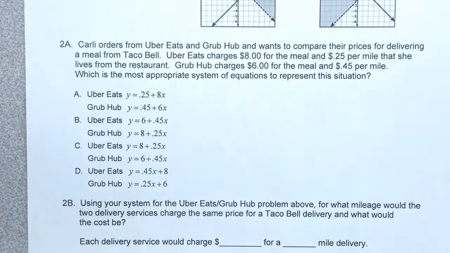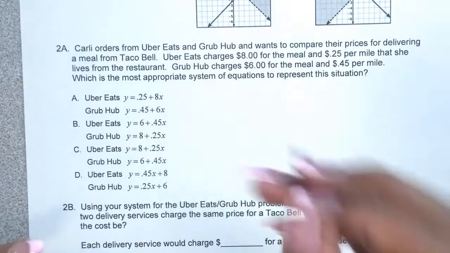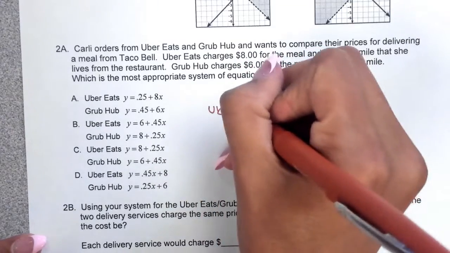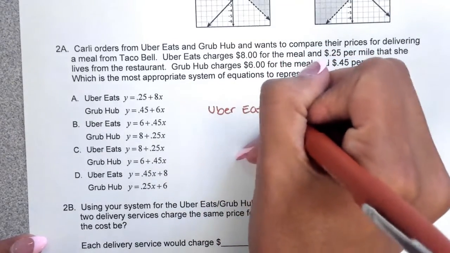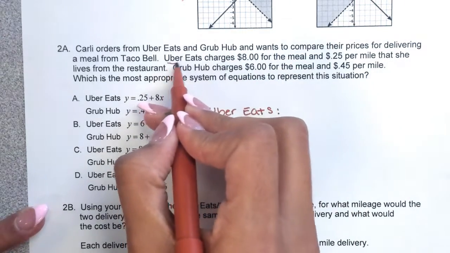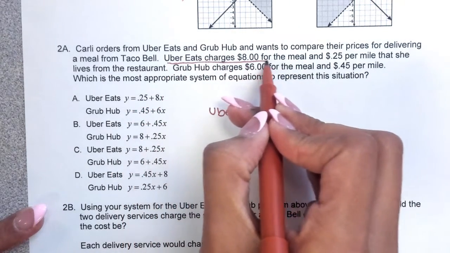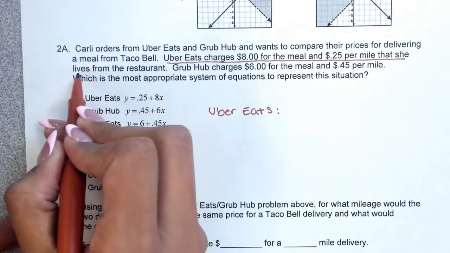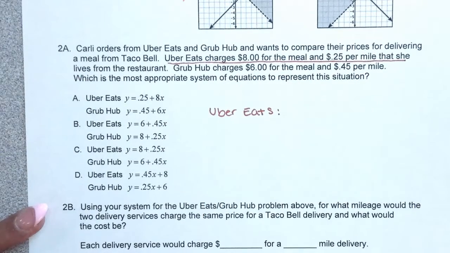So I'm going to use two colors here. I'm going to write the equations myself, and I'm going to start with Uber Eats. So wherever I see Uber Eats, I'm going to underline. So here it says Uber Eats charges $8 for the meal and 25 cents per mile that she lives from the restaurant.